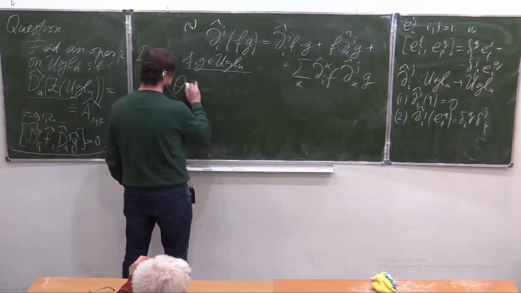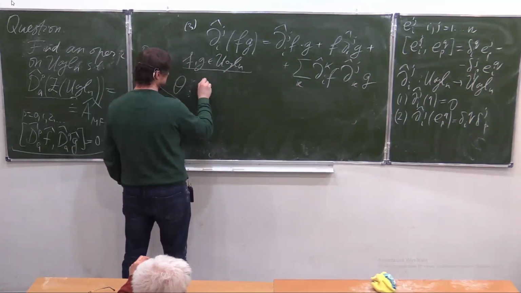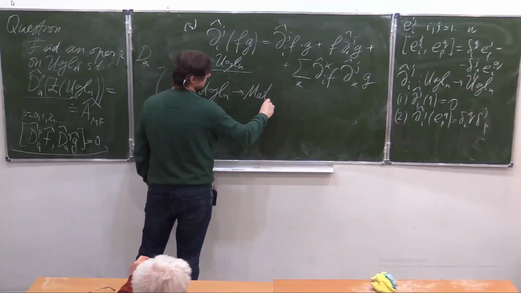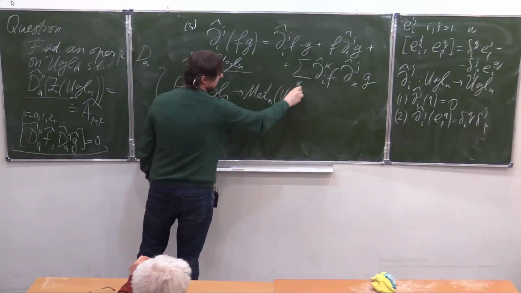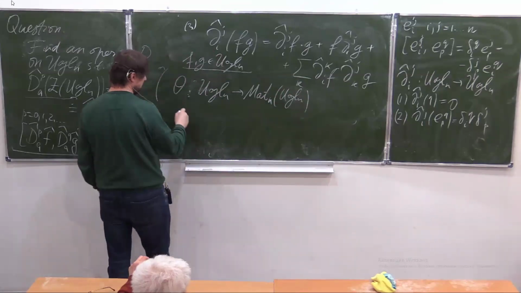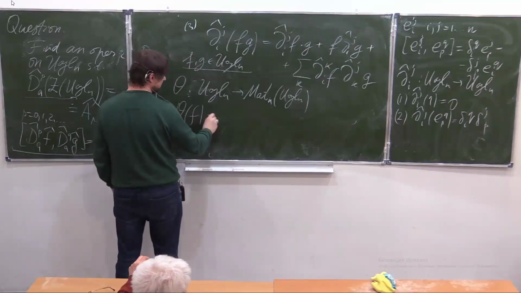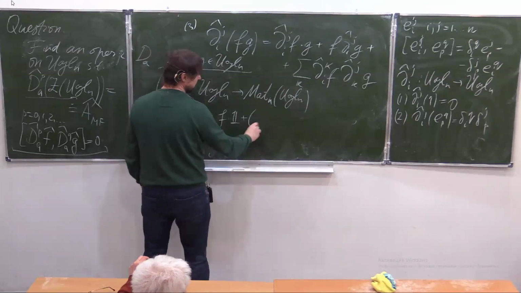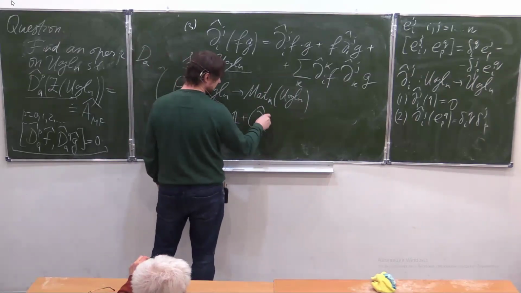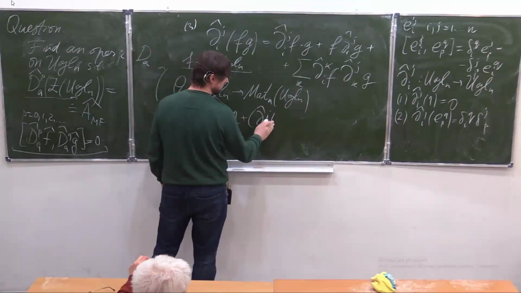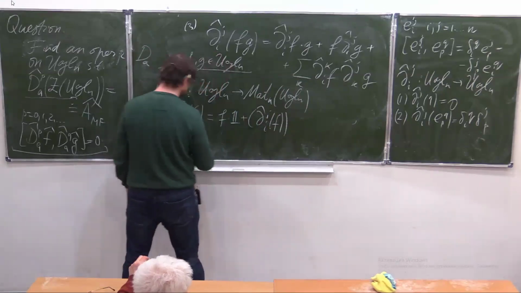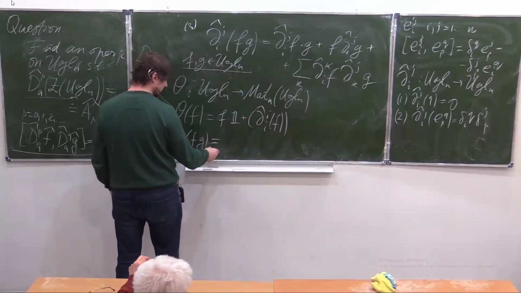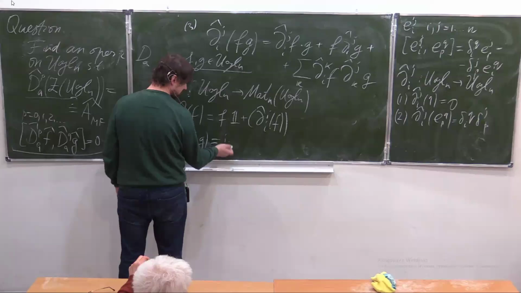so theta is a map from U(gl_N) to matrices with coefficients in U(gl_N) given by the formula theta of f is equal to f times 1 plus the matrix of partial quasi-derivations, and it will be a homomorphism of algebras.